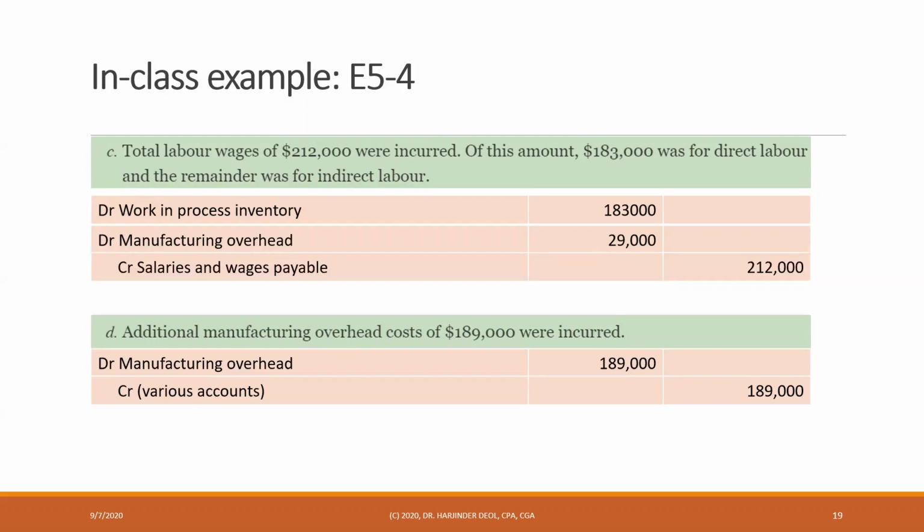You'll credit salaries and wages payable for, let's say, the factory supervisor salaries. You will credit accounts payable if it's related to utilities costs that will be paid at a later date, so on and so forth.